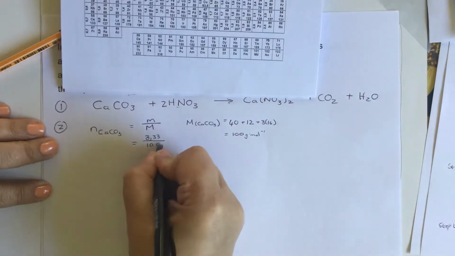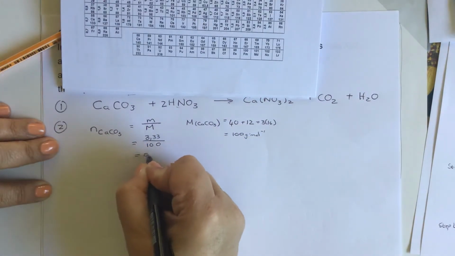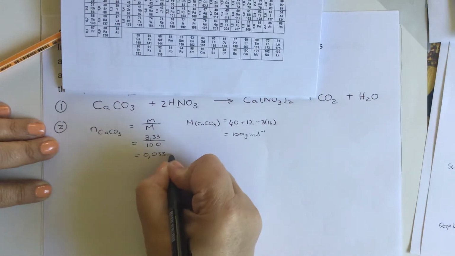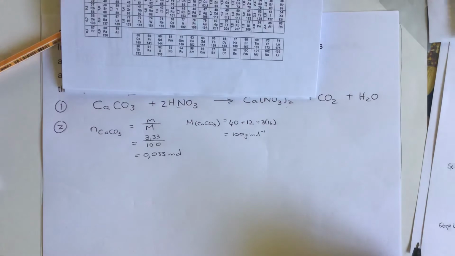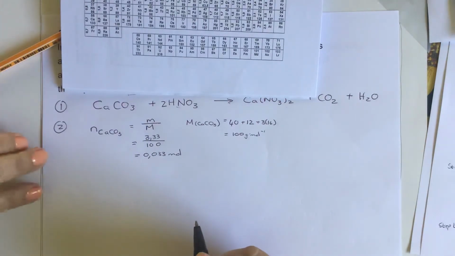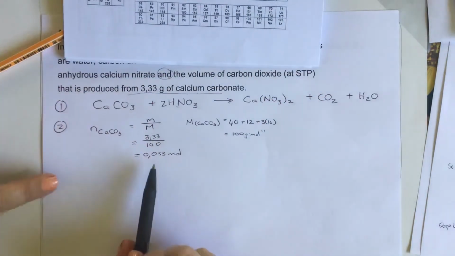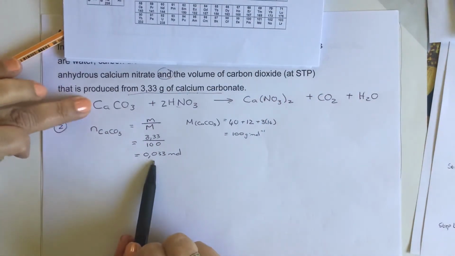I substitute it into that spot there to get 0,033 mole. Now the calculator says 0,0333, but this is the significant numbers that we can deal with. Right, so we're at the step now where we know what amount of this I have.